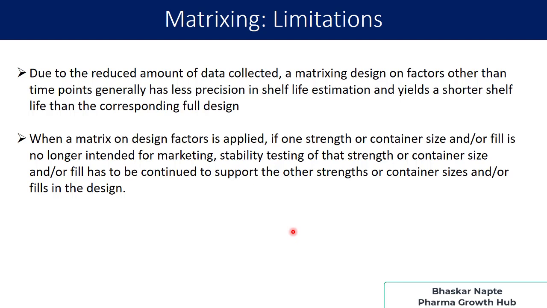That means you started with 5 different strengths, but for some reason your marketing team has dropped 2 of the strengths, and this 2 strength information is of no use to you. But as the protocol is designed with the 5 different strengths at the beginning, you need to continue these 2 dropped strengths also throughout your stability life, at least for the exhibit batches or your primary batches, which are going to be submission data.